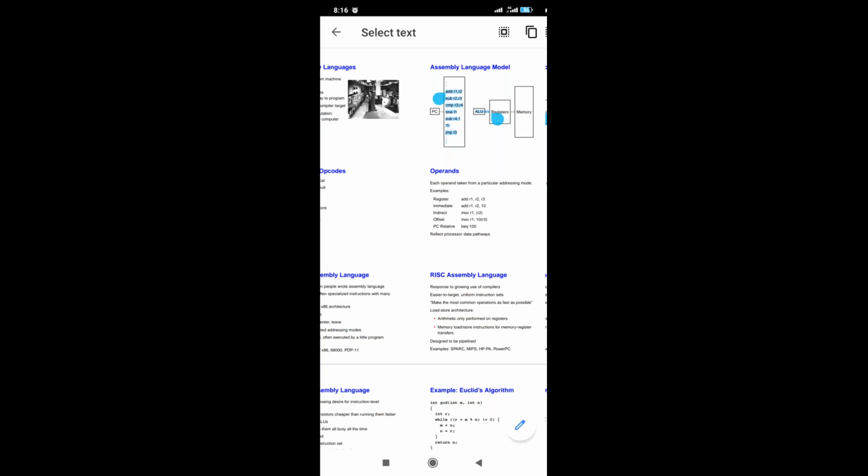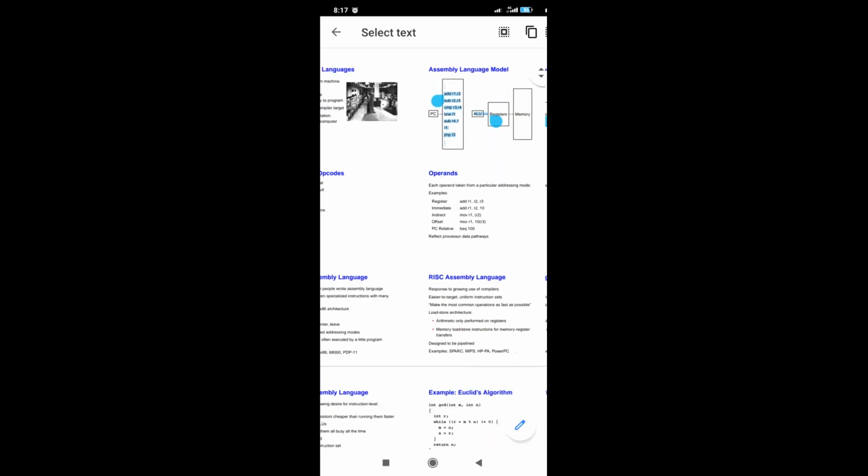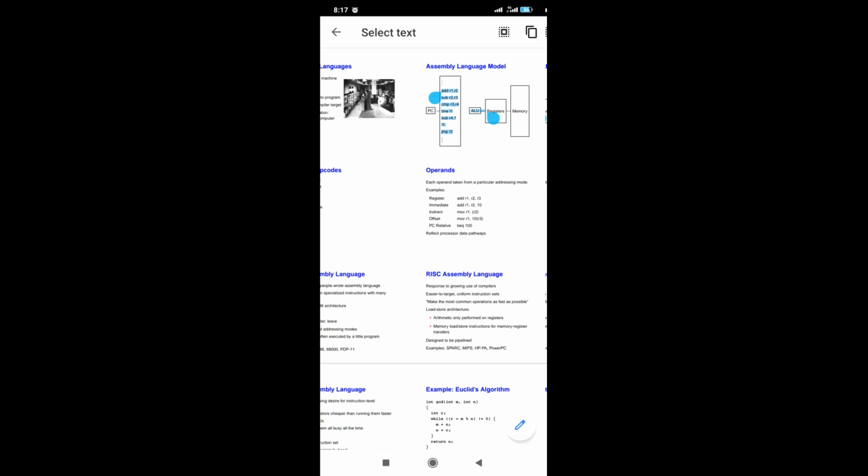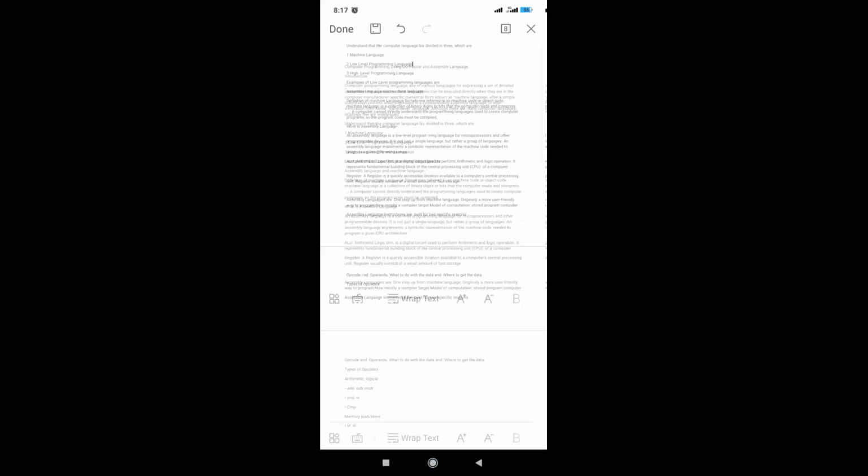Then after the computation, be it arithmetic or logic, after it is being carried out, it is being stored in your register. Now, let me go back to our material.